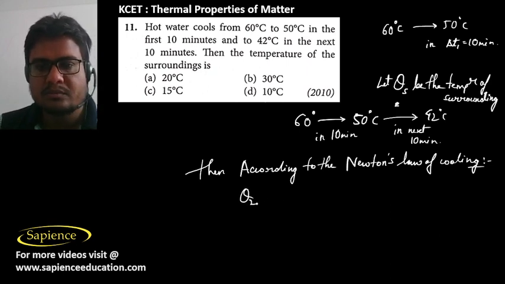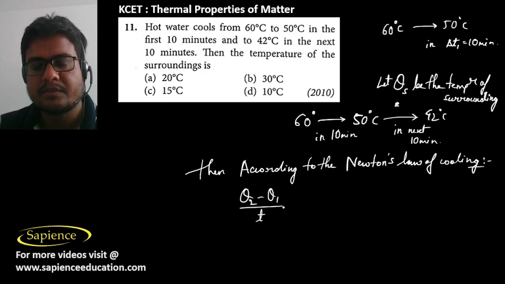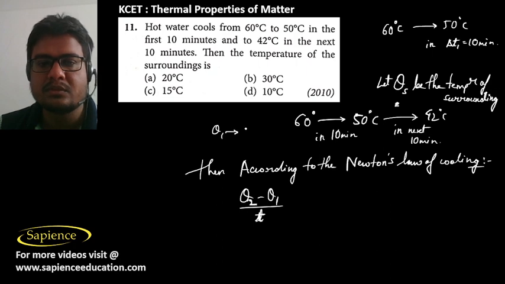theta 2 minus theta 1 by T, where theta 2 is the final temperature, theta 1 is the initial temperature, and T is the time interval required to cool down from theta 1 to theta 2.